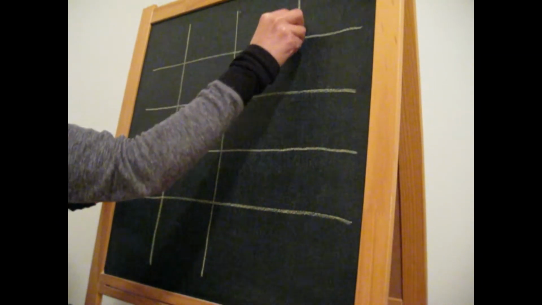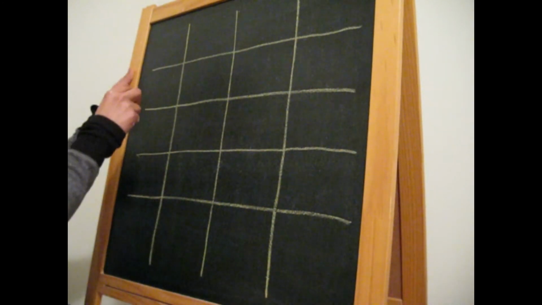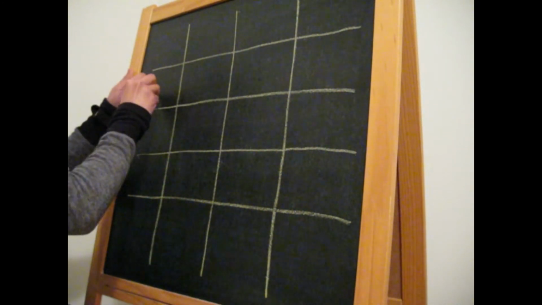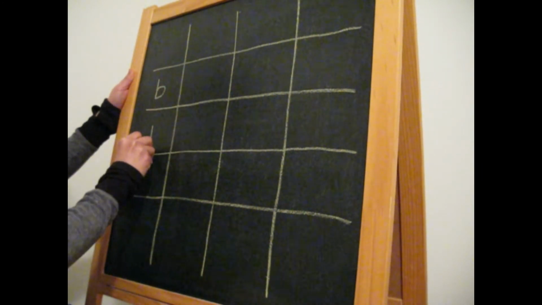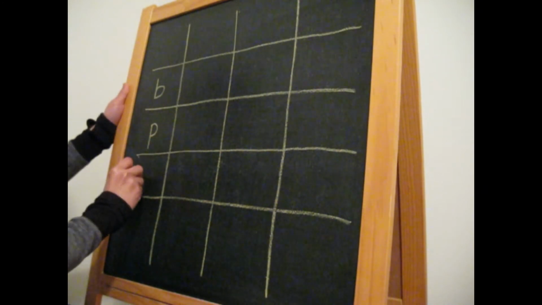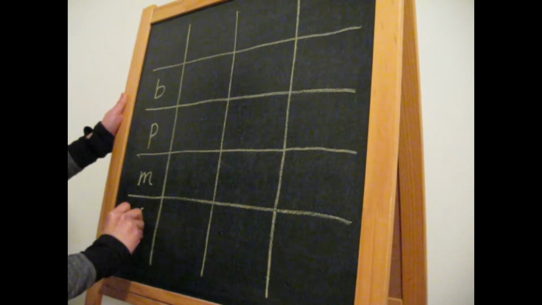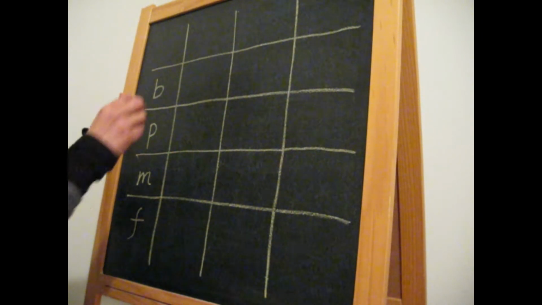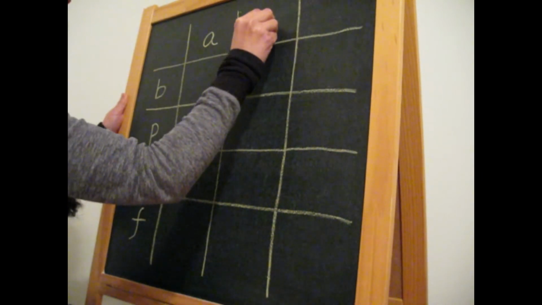So I'm writing down the consonants here. The first one is bo, the second one is po, the third one is mo, and the fourth one is fo. So we read it as bo, po, mo, fo. The 3 vowels are a, o, e.